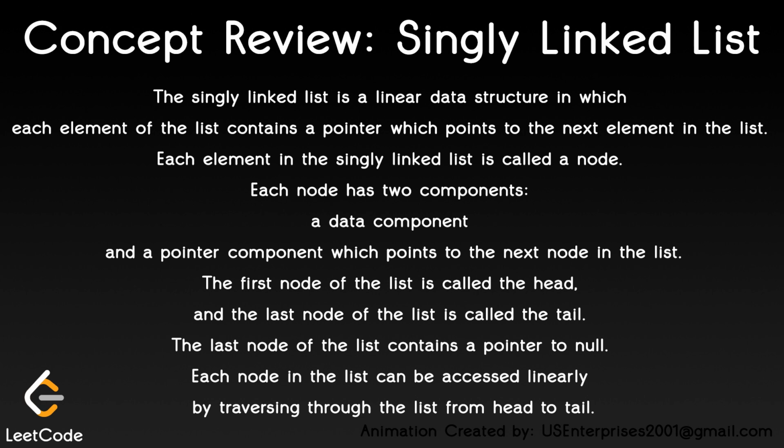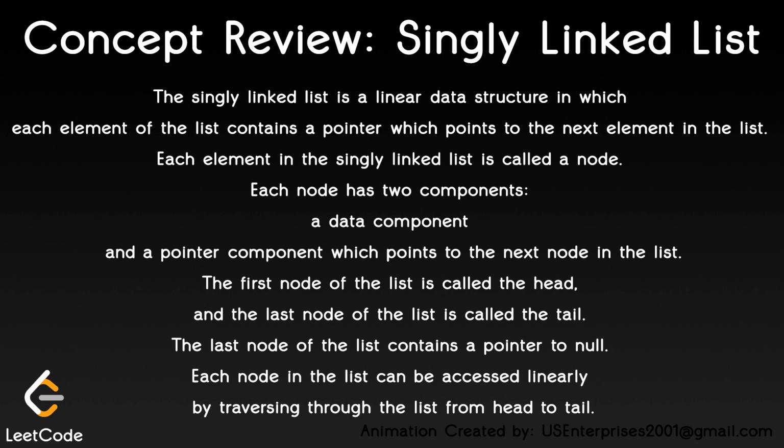Concept review. Let's take a look at the concept review of a singly linked list. The singly linked list is a linear data structure in which each element of the list contains a pointer which points to the next element in the list. Each element in the singly linked list is called a node.